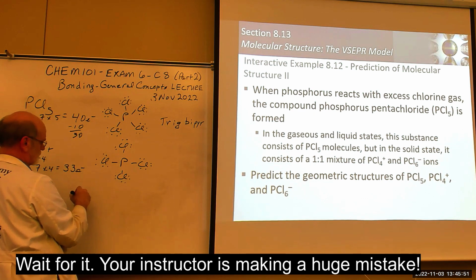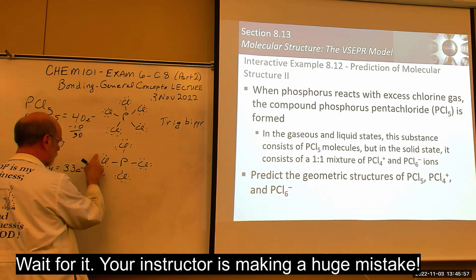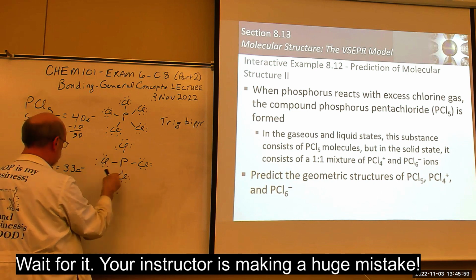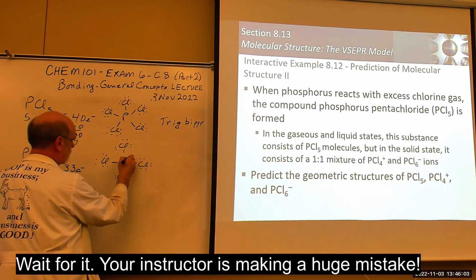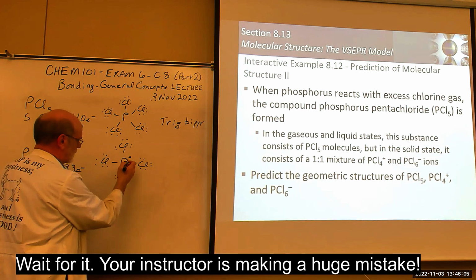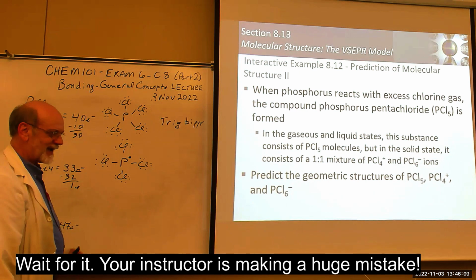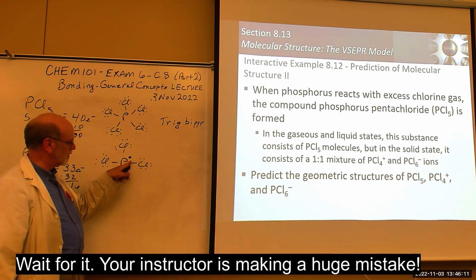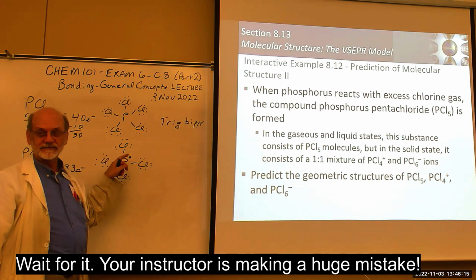So we got actually 1 electron. If I counted those right, 33, yeah. 2, 4, 6, 8. 8 times 4 is 32. 1 electron. That's known as a free radical. When you have an unpaired electron, they're extremely reactive.